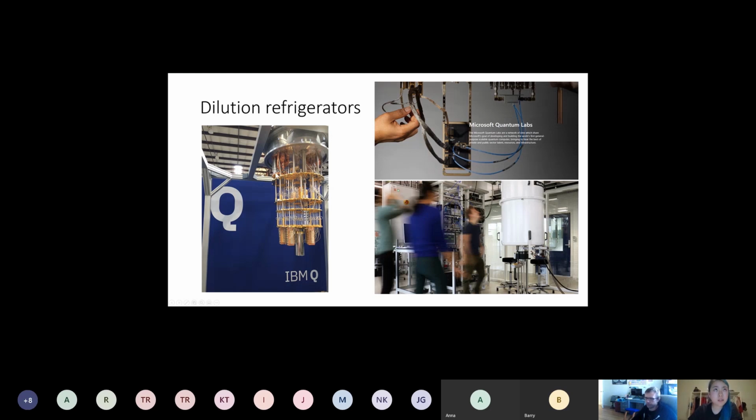You're just immersing the whole thing down in here and getting the tiny qubits at the bottom into the coldest area in your fridge. That's the setup that you need to cool your system down, and all the stuff above it is the circuitry that drives the qubits at the very bottom.